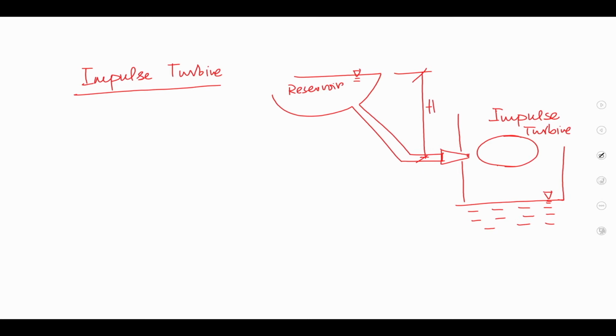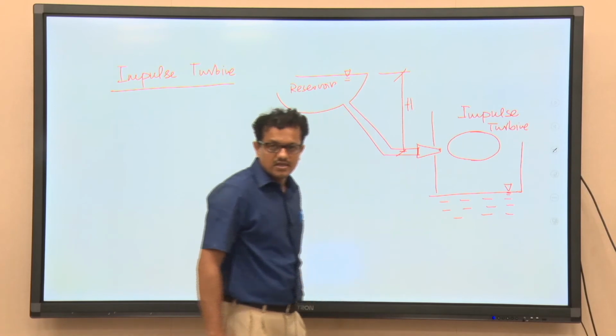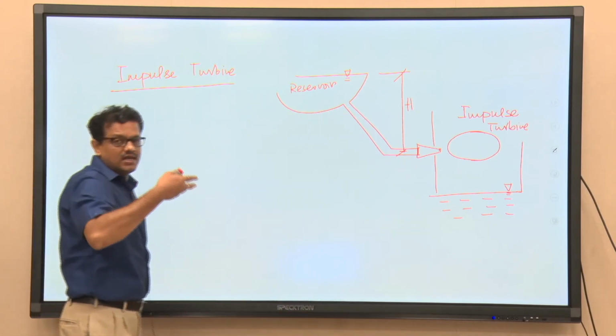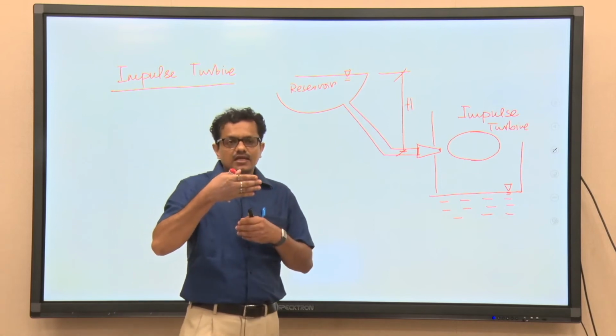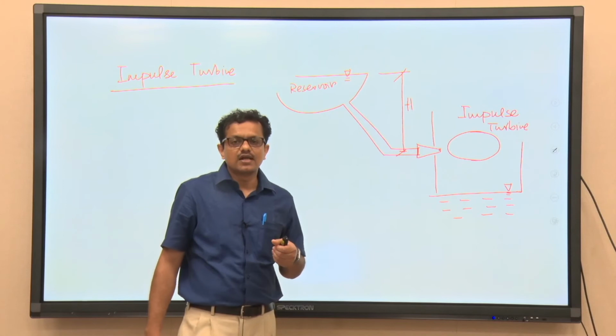So, this is the head which is available at the inlet to the turbine. In the case of an impulse turbine, what is done? You have studied that the impulsive effect is utilized for the rotation of the turbine runner.